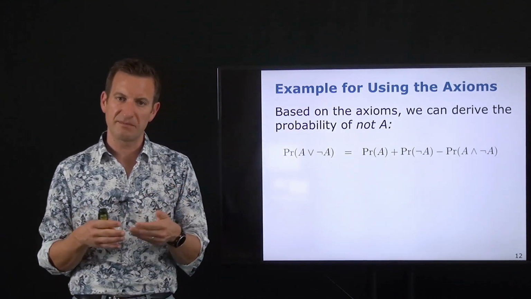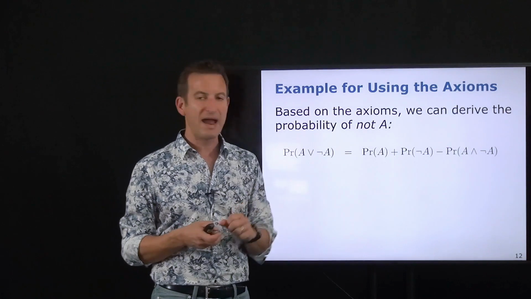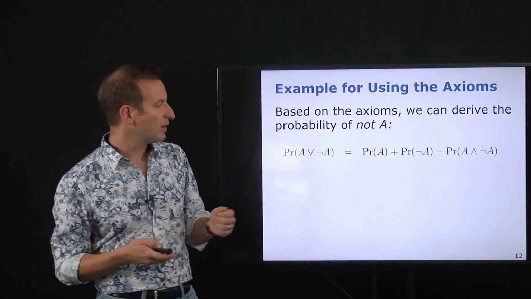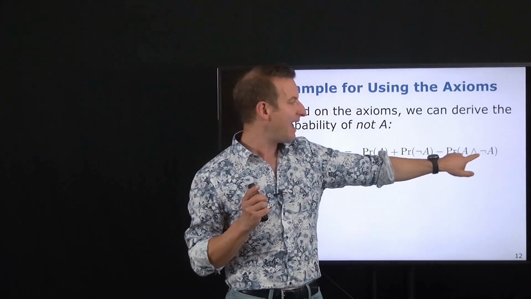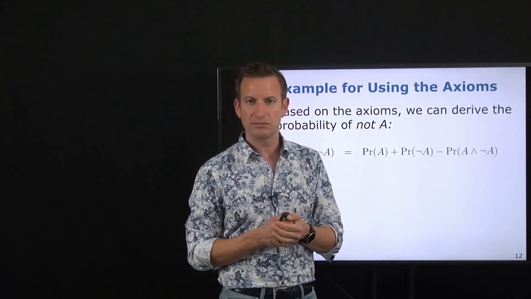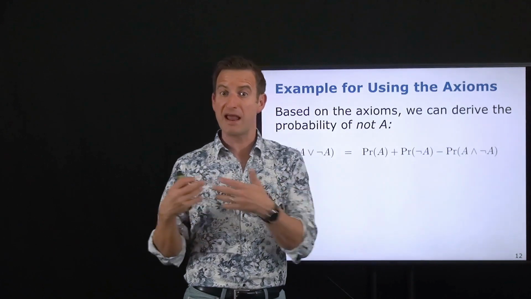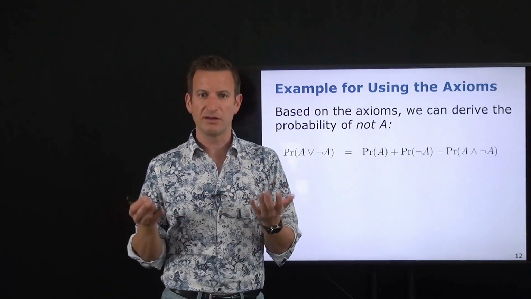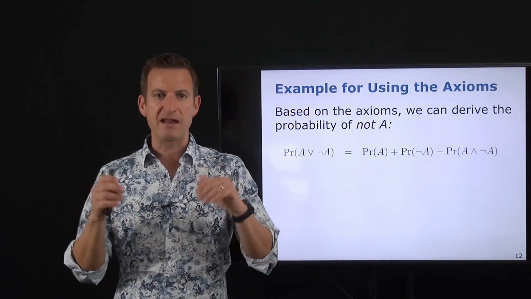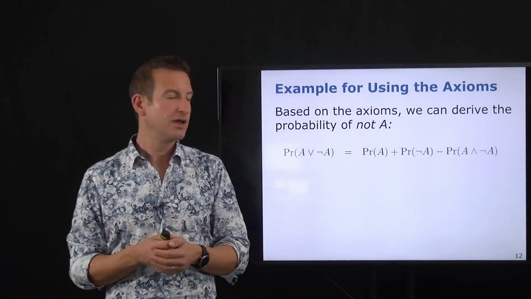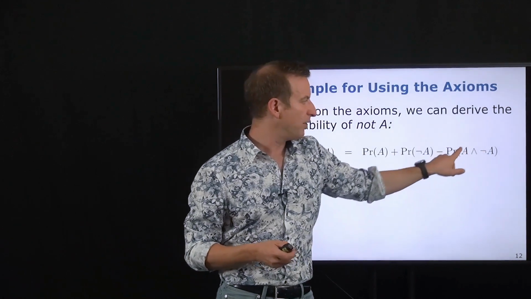Okay, so now let's get a step further and combine certain things in here. So what does it mean, the probability that A is true and that A is not true? So the probability that A is true and A is false. You can clearly see that this is a statement which cannot happen. So it can't be true and false at the same point in time. So this is the impossible event.